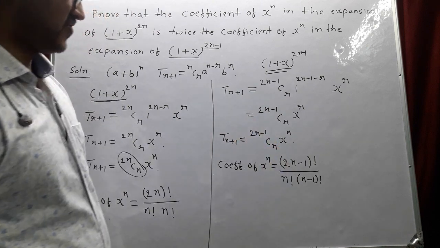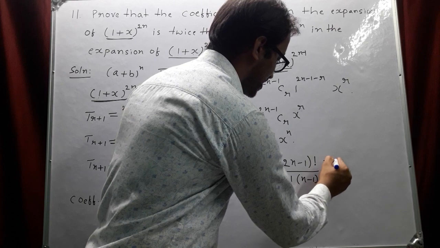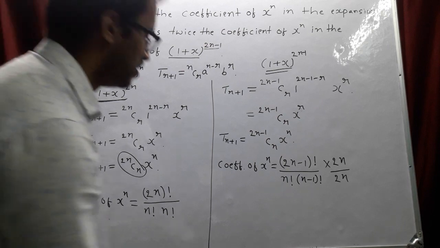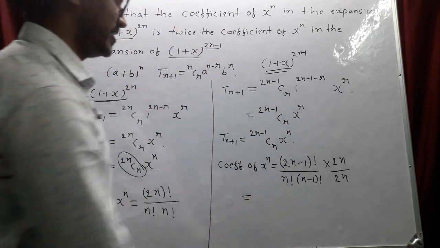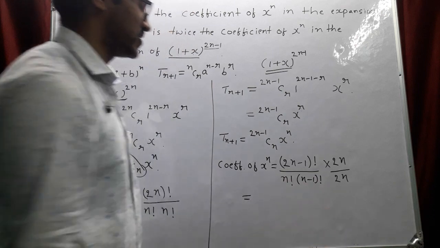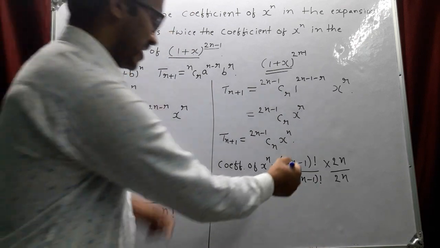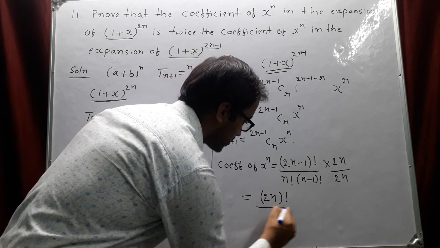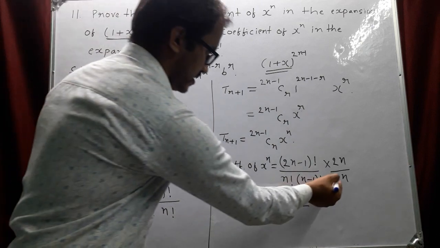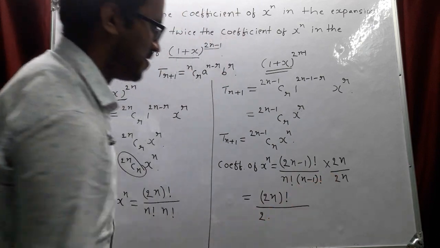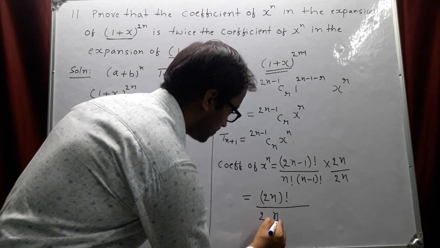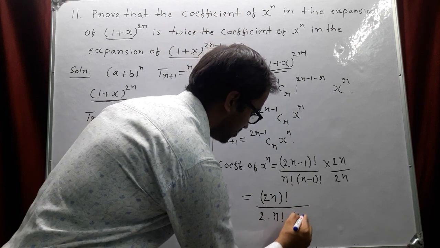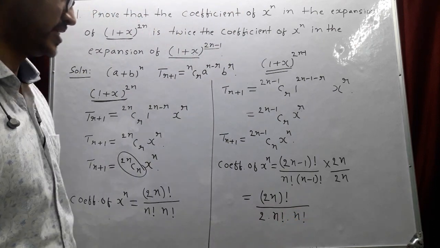So let us further simplify this one. I will multiply and divide by 2n. So that equals 2n into (2n-1)!, which can be written as (2n)! by 2 times n! already, and n into (n-1)!, which means we can write it as n!.